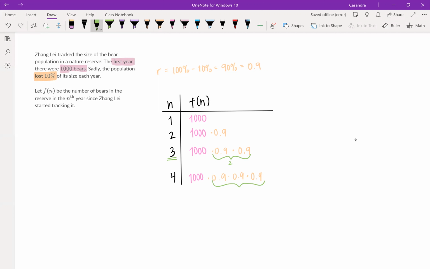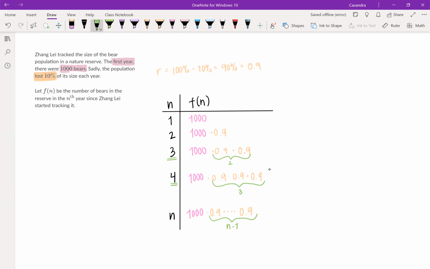So here, there are 3 times that I'm multiplying the 0.9 for the fourth year, which means that in the nth year, I'll have this 1,000, and I'll have a bunch of 0.9s multiplied together, but how many of them will there be? There will be n minus 1 of them.